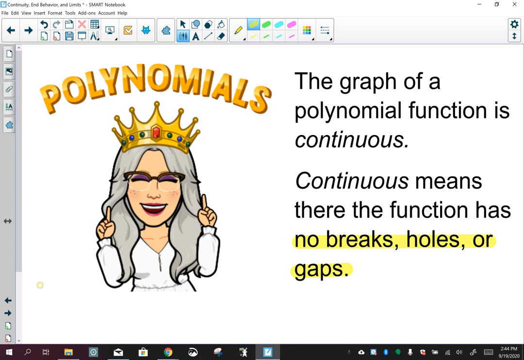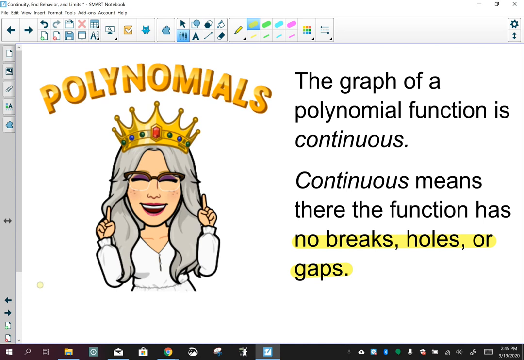All right, so one condition for a function f of x to be continuous at a specific value is that the function must approach a unique y value, a specific y value at that x value, from both the left and the right side.